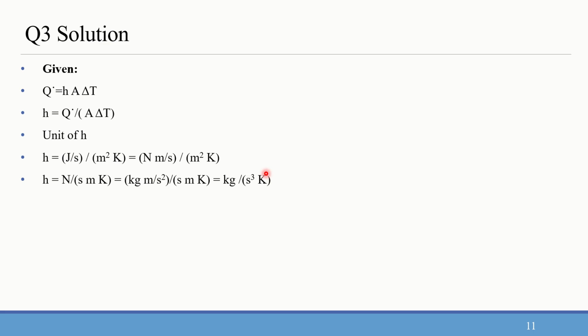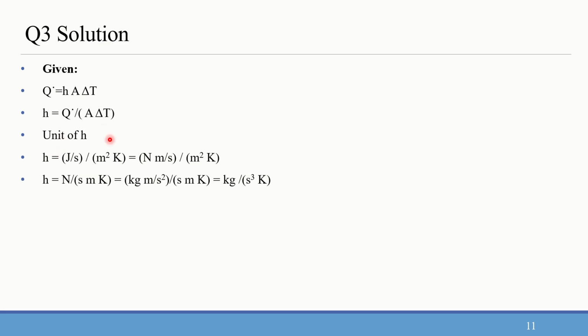We don't want to use complicated things, because finally whenever we are solving any problems we will be reducing it into the basic units of mass, length, time and temperature. That is the reason why we have written it like this. But the units of H, we all know, are watt per meter square Kelvin. Watt is joules per second, and so we are dividing.